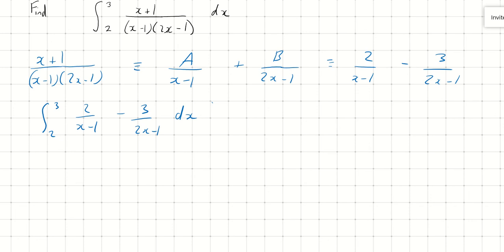I'm not going to go into log integrals right now, but from your standard log integrals work, you should realize that the integral of 2 over (x - 1) is 2 log (x - 1). Technically it's 2 times log of the modulus of (x - 1). And the integral of this other term is minus 3 over 2 times log (2x - 1).